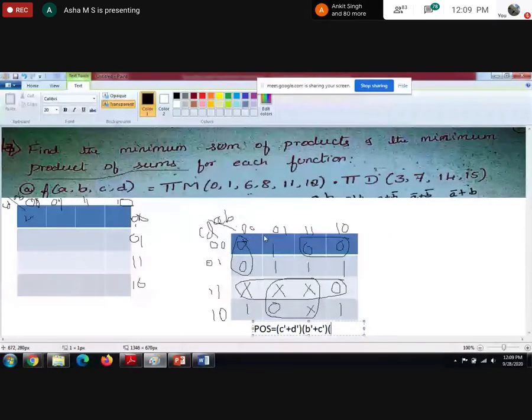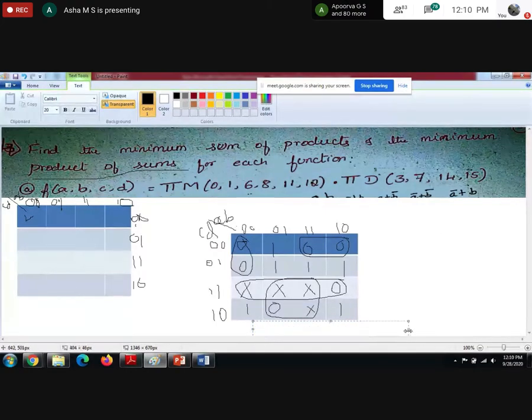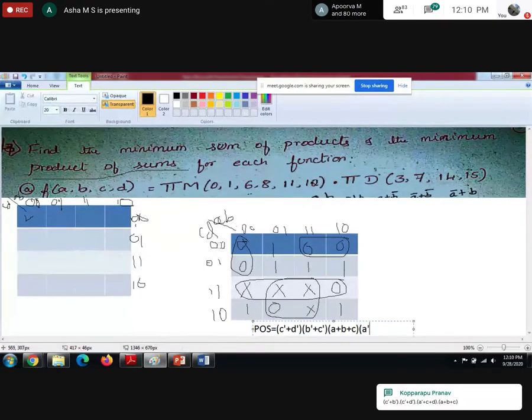So A plus B plus C, the B term will get cancelled. For this one, B will get cancelled. A is 1, so A bar plus C plus D. Is it correct?